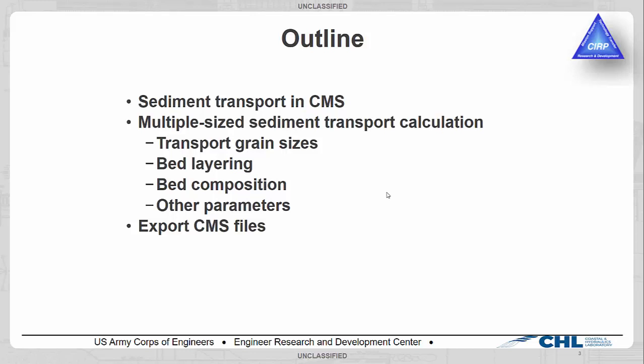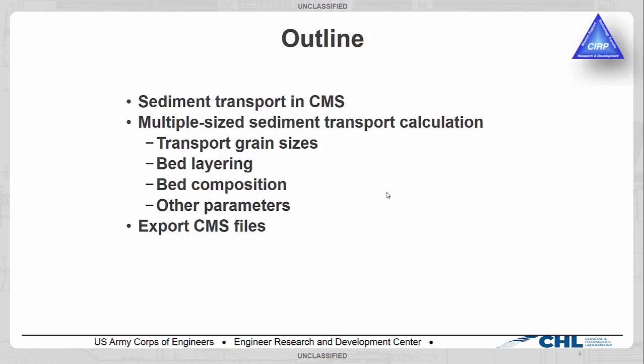For the presentation, my outline is sediment transport in CMS. First, I have some theoretical equations or explanation, and then I come to multiple size sediment transport calculation. There are some concepts related to multiple grain size sediment transport calculation, so I will go over some concepts, like transport grain size: what is transport grain size, and how do we specify that in the multiple grain size transport?